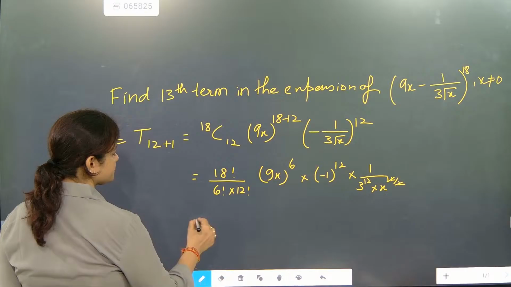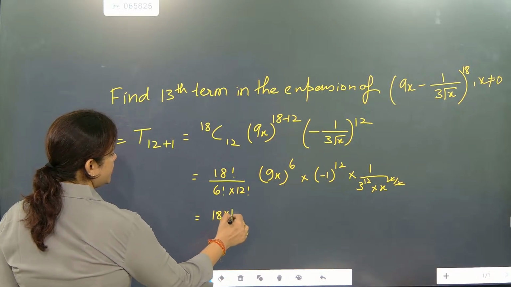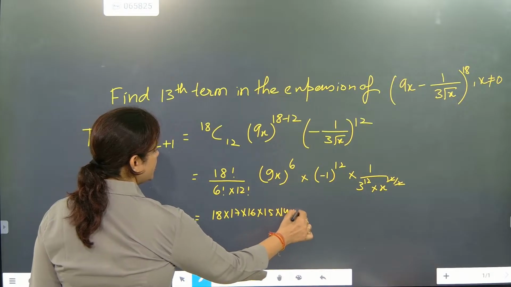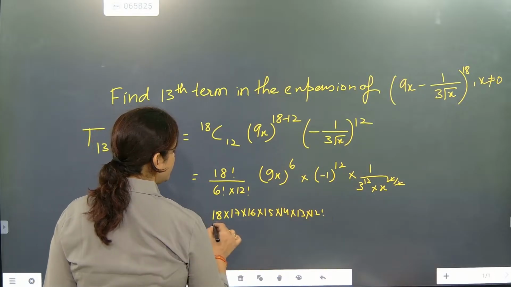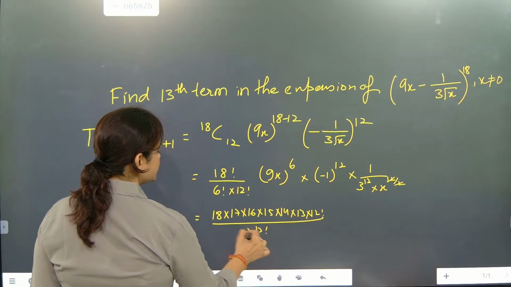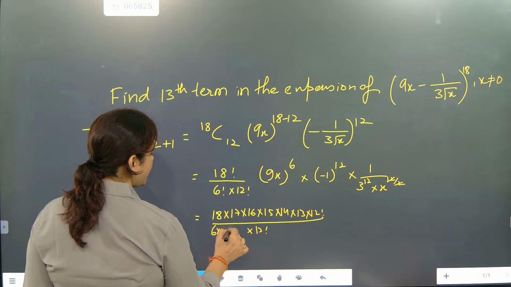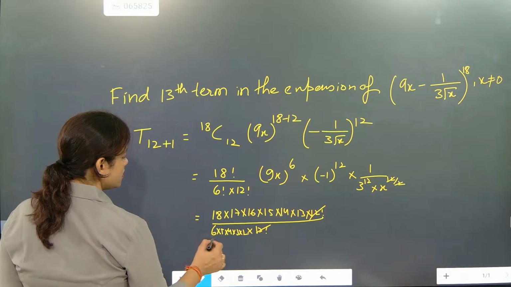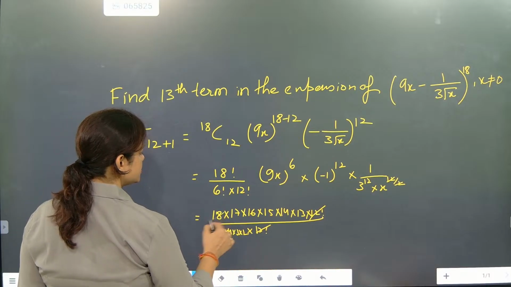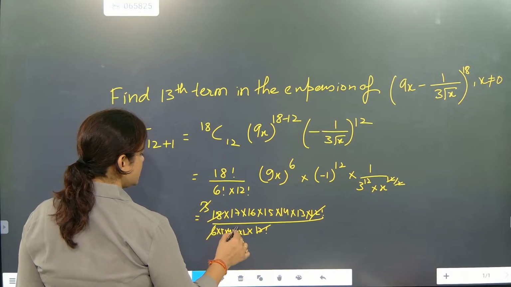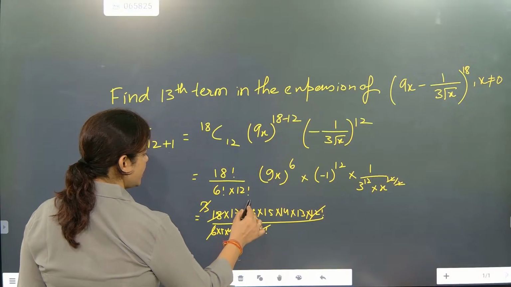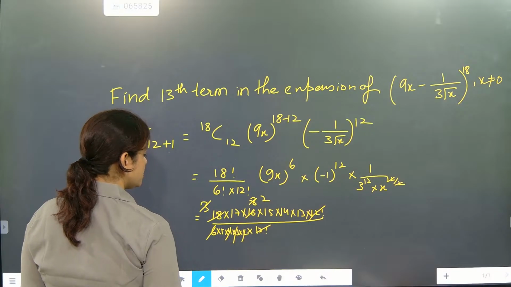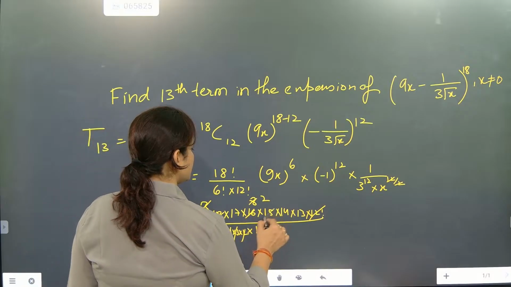Cancel. 18 into 17 into 16 into 15 into 14 into 13 into 12 factorial by 12 factorial. 6 will be written as 6, 5, 4, 3, 2. 12 factorial gone. 6 will be gone by this. 6 3s are 18, 3 gone. 2 8s are 16. 4 2s are 8. Now 5 3s are 15.